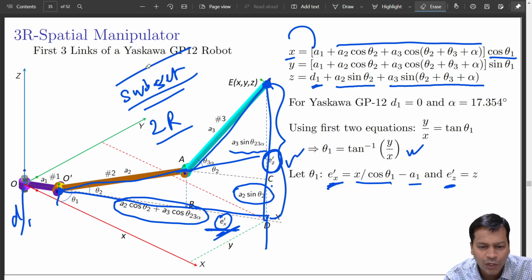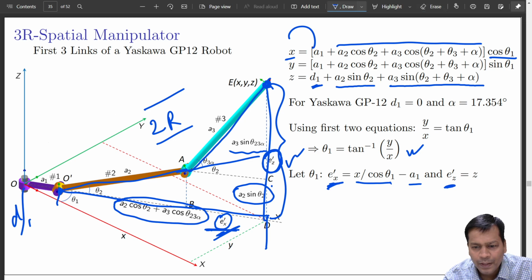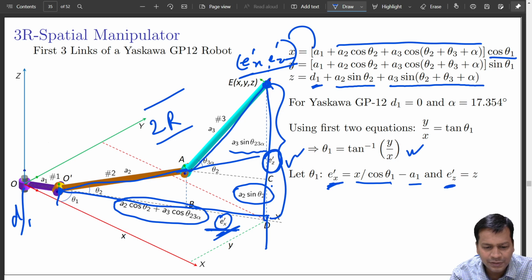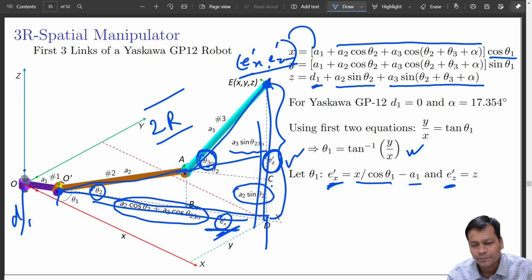For this you now know the coordinates. What is that? That is Ex dash and Ez dash. So if I know these two, that means this and this, I can quickly obtain theta 2 and theta 3 plus alpha, not theta 3, it is theta 3 plus alpha.